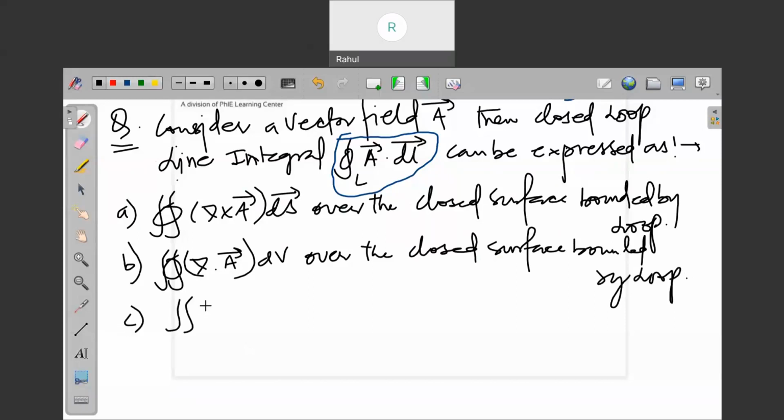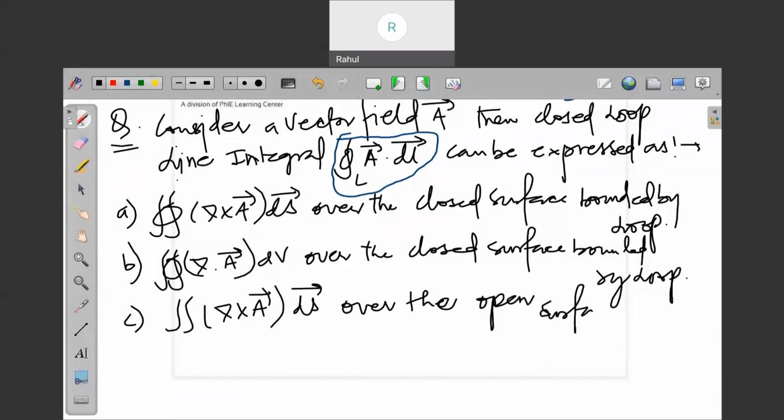And option C is the open surface integral of curl of A dot ds, over the open surface bounded by the loop.